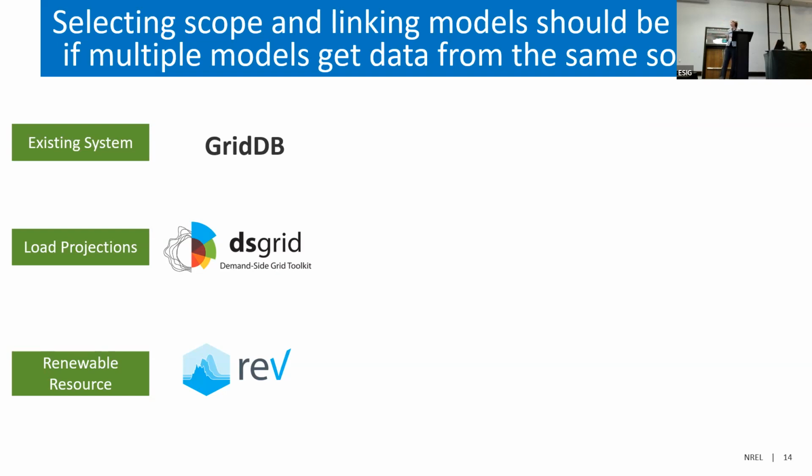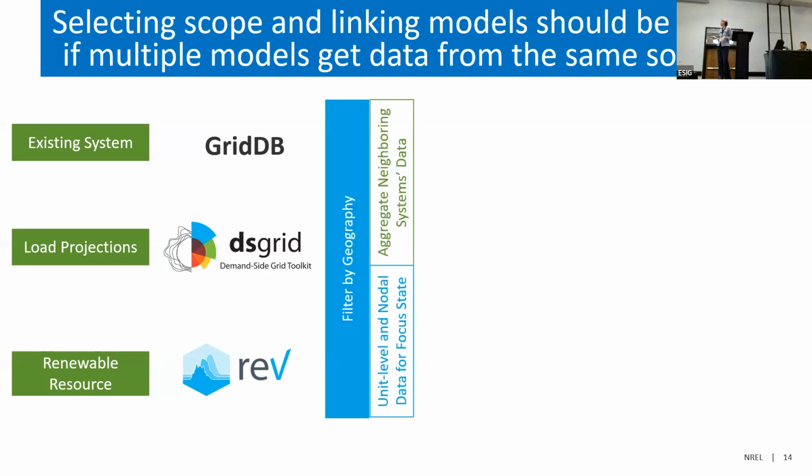I lead then the next two efforts, the demand side grid toolkit and GridDB, and these are envisioned as go-to places to get the load data or the grid systems data. And if all of those existed and were robust tools that users could go get, then it should be fairly straightforward to do the different scale analyses that we would like to be able to do.